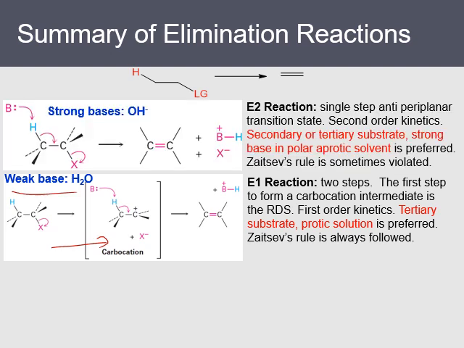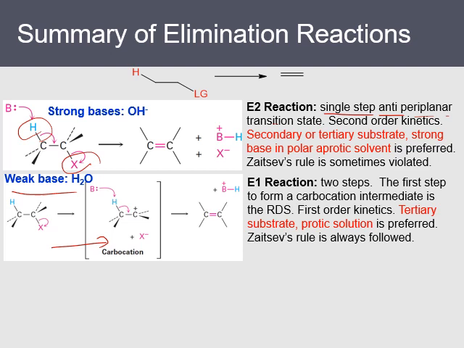In the E2 elimination reaction, the mechanism resembles the SN2 reaction. The reaction takes place in a single step through an anti-periplanar transition state. The hydrogen that is deprotonated and the leaving group must be at 180 degrees. The reaction follows second-order kinetics.